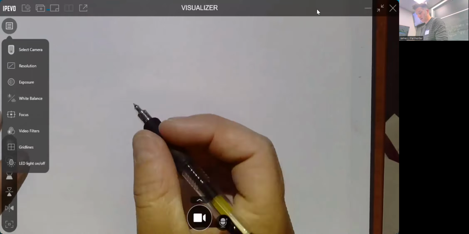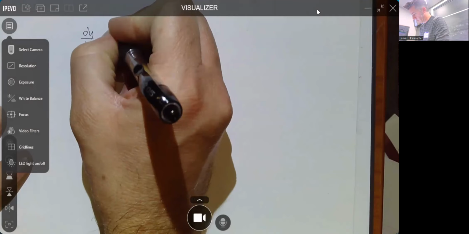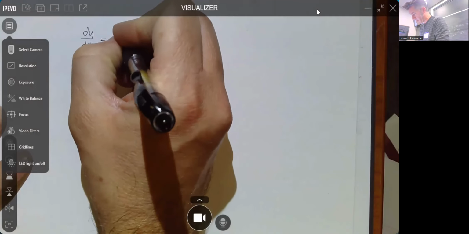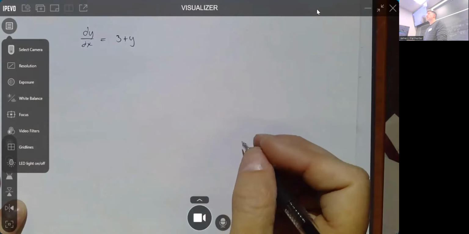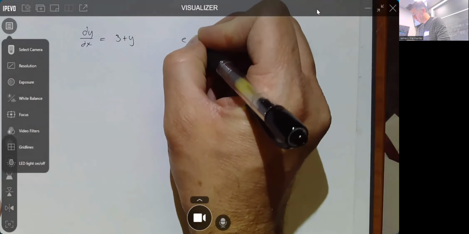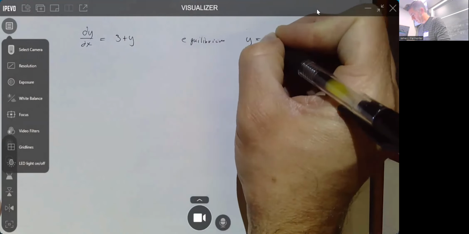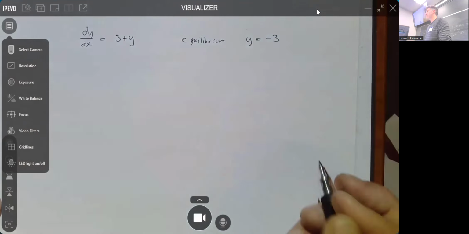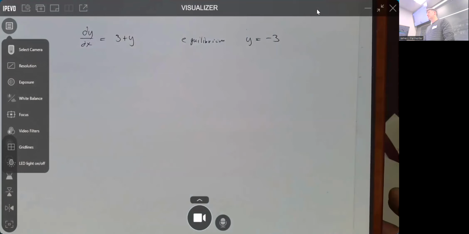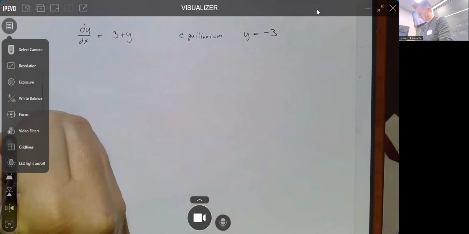If we had a differential equation of 3 plus y, that's going to give you an unstable equilibrium. So our equilibrium is y equal to -3. That's right, it has to be. And then we know that's unstable in either one of two ways. You are welcome to draw the phase plot.